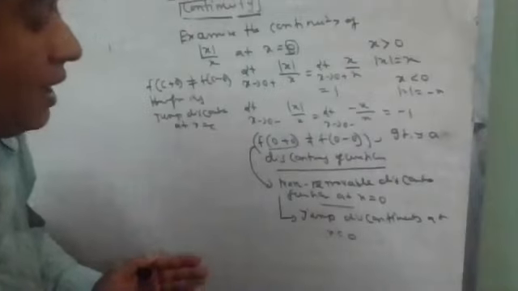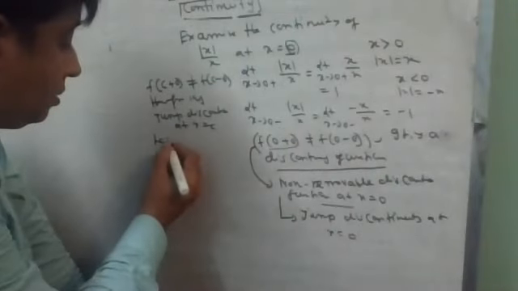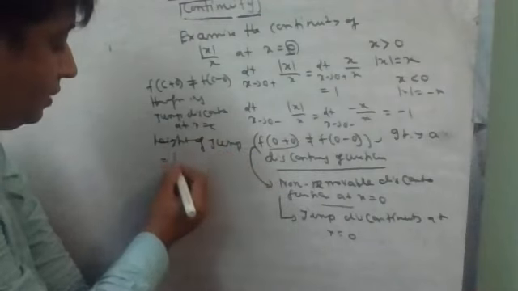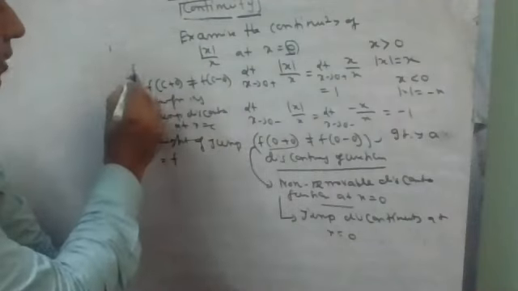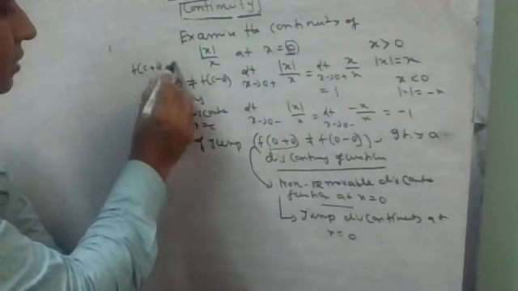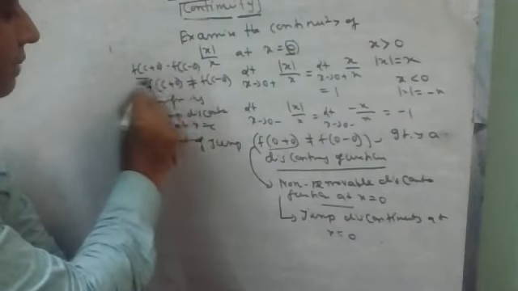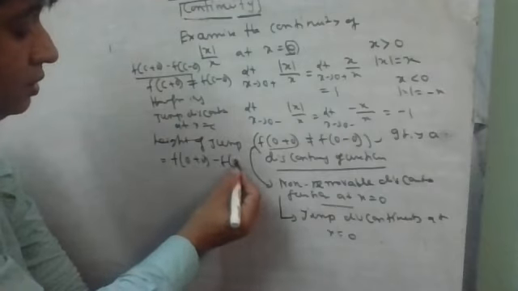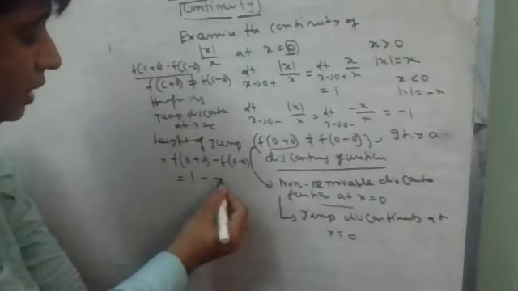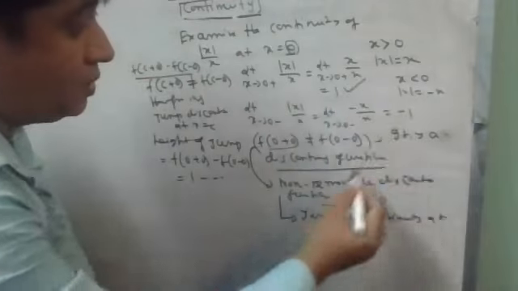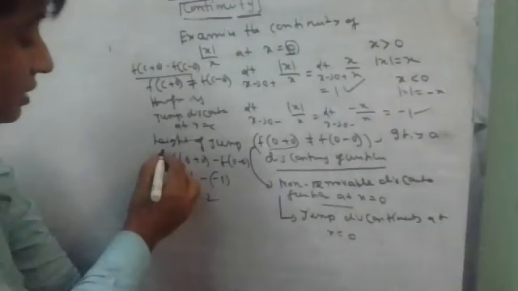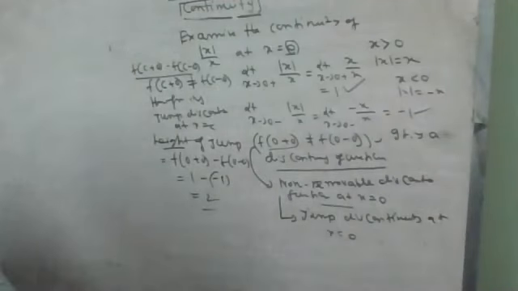Now what will be the height of the jump? We got the height of the jump theoretically as f(c plus 0) minus f(c minus 0). Here f(0 plus 0) is 1, f(0 minus 0) is minus 1, so 1 minus (minus 1) is 2. So the height of the jump is 2.